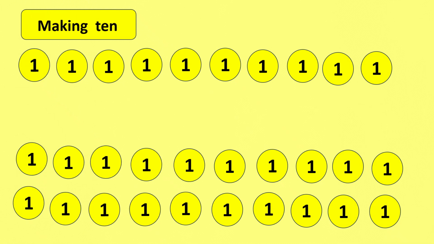So the first point is making a 10. If you want to make 10 rupees, you want to collect a coin of 10 rupees. There are two ways to collect 10 rupees, bacha.